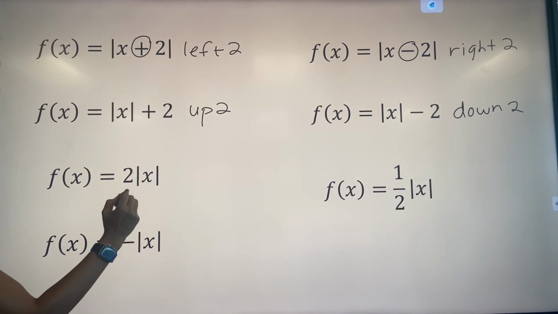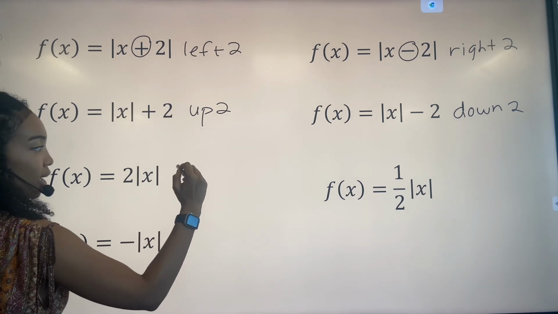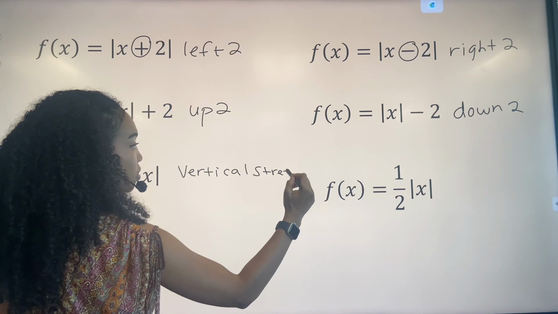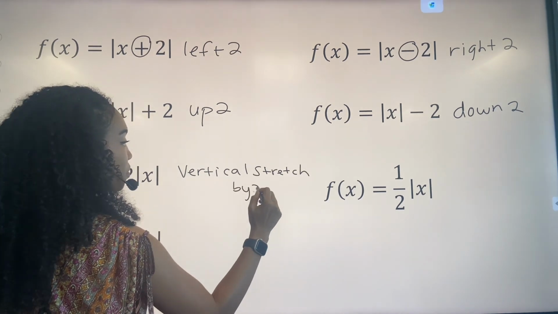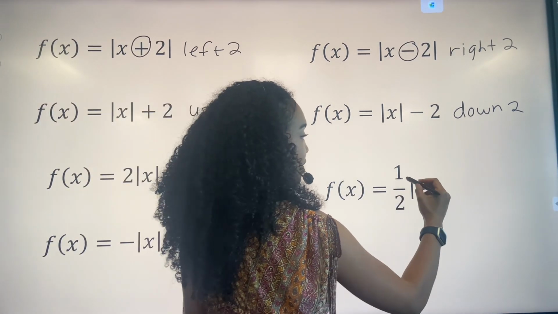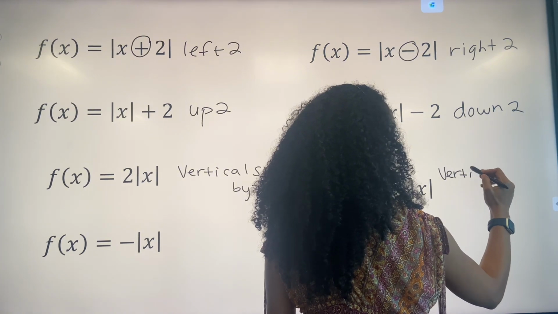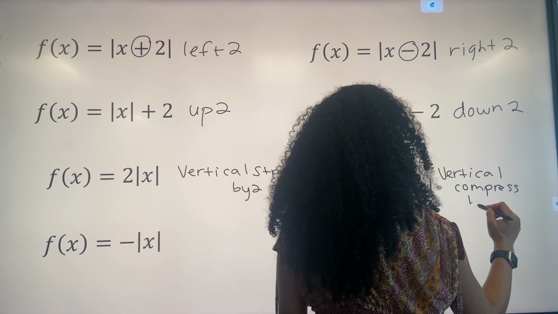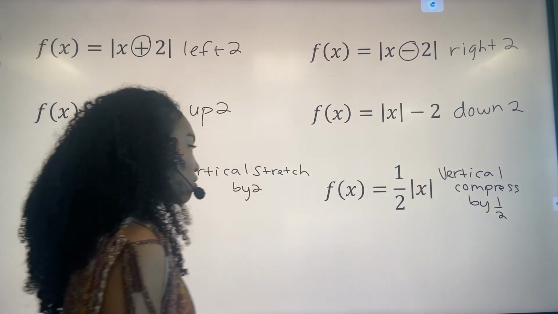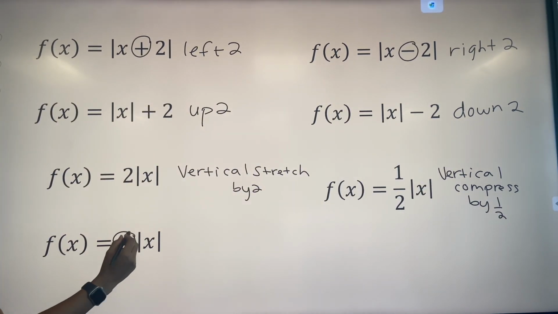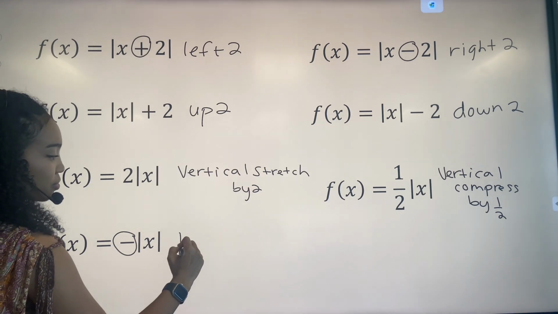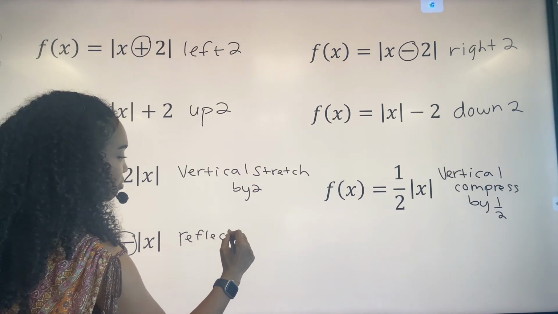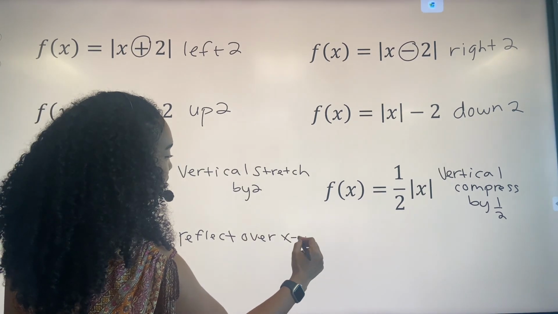Here, we have a value greater than 2. What did we call that? Vertical stretch by 2. Here we have a 1/2 that is less than 1. We call it a vertical compress by a 1/2. And our last one, we have a negative in the very front. What do we call this? Reflection. And you're going to reflect over the x-axis.